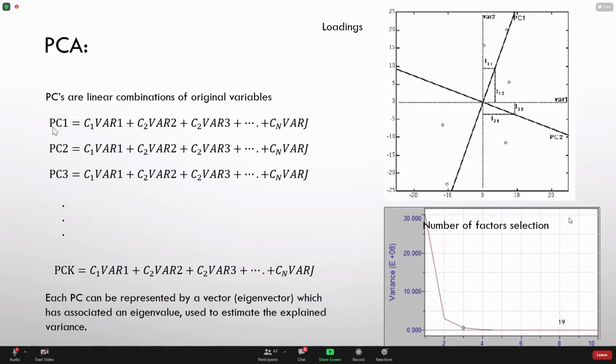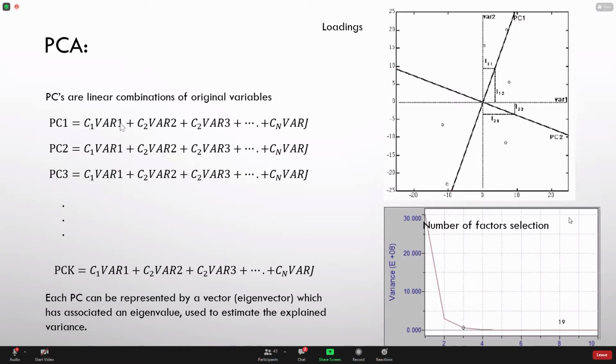PC1, for example, is a linear combination of wavelength 1, 2, 3 multiplied by a coefficient. This coefficient is this loading, this cosine of this angle, and if we have a higher value here, this variable or wavelength will be important for this component, okay?